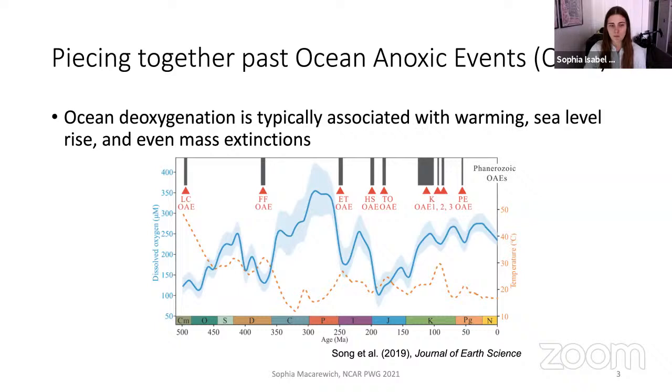From this plot, we can see that local valleys in dissolved oxygen typically coincide with local peaks in temperature in the ocean. This figure also demonstrates that most of the well-studied OAEs occurred in a background greenhouse climate state, so the CO2 levels are much greater than is typical of a Cenozoic icehouse state.